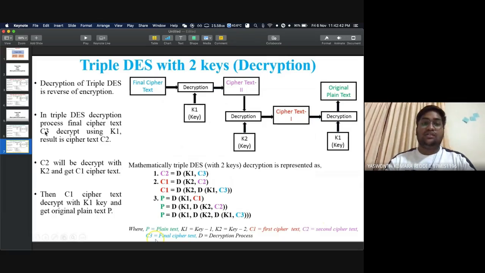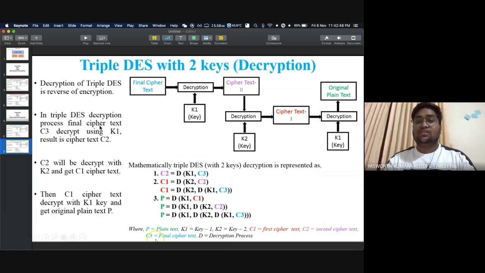In the triple DES decryption process, the final ciphertext is decrypted with key 1, giving ciphertext C2. C2 is decrypted with K2 to get the ciphertext C1. Then C1 is decrypted with key 1 and gives the original plaintext.